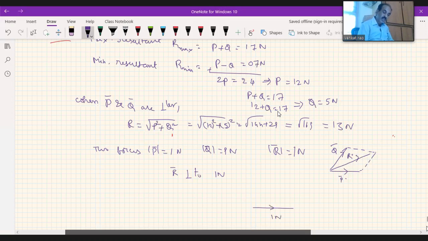This is 1 Newton. This is R bar. So this is the diagram. This is P Newton.